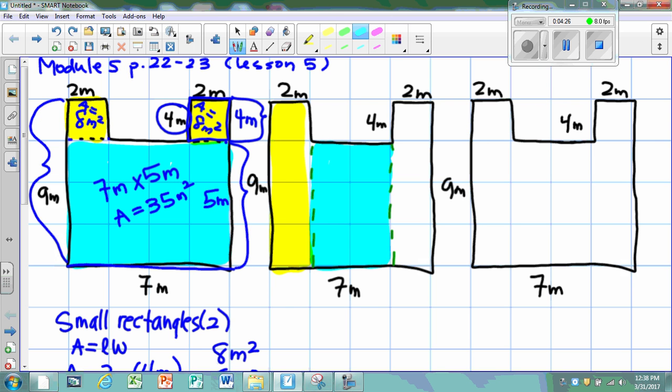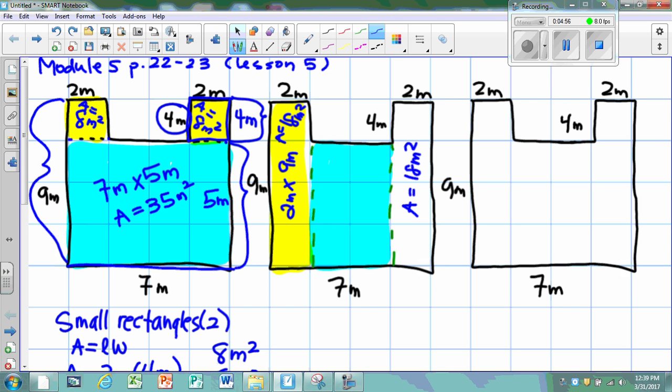Well, for the ones on the side, we don't have to do that much work, because the ones on the side are 2 meters by 9 meters. So if we're finding our area for that, our area is going to equal 18 meters squared for both sides. 18 meters squared for this one as well.